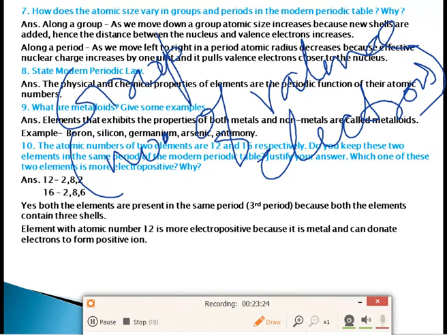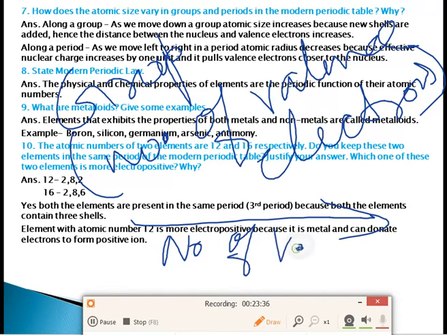But what happens to the valence electrons in a period? When we move from left to right in a period, the number of valence electrons increases. But in a group, the number of valence electrons remains the same.